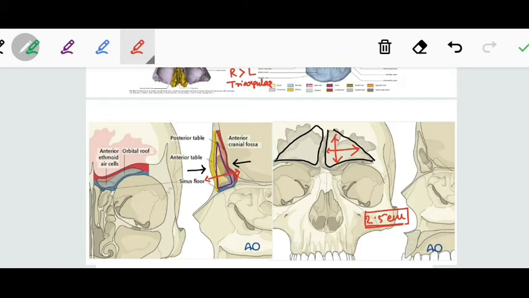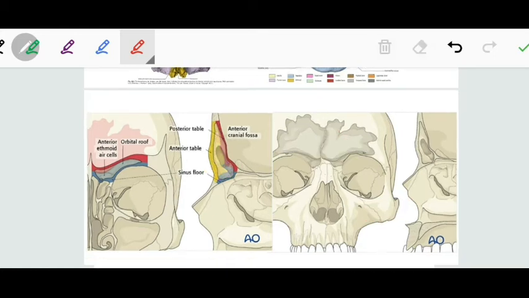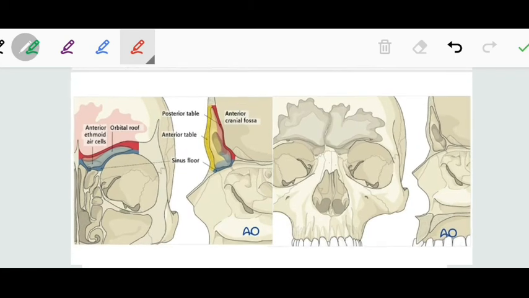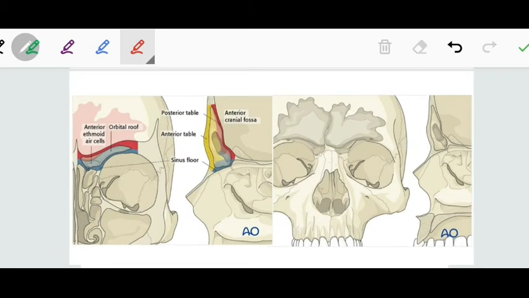Next is the relation. We have to take a close look at the structure to understand the relations of the frontal air sinus. The anterior wall is related to the superciliary arch of the forehead that we have already discussed. The anterior wall underlies the superciliary arch.